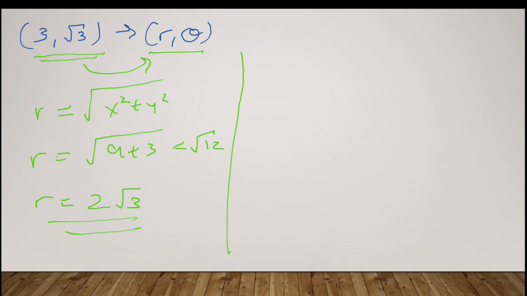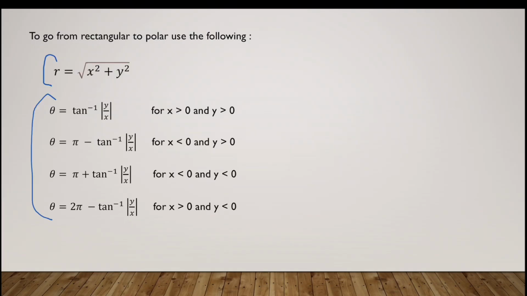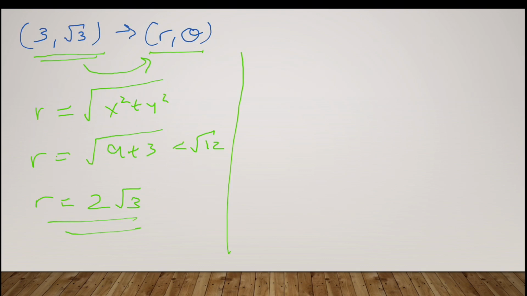Now, if you look at the case that we have here, we have both of them positive, and when we have both of them positive, we have the first case, which is simply tan inverse of y over x. So I'll take tan inverse of y over x to be theta.